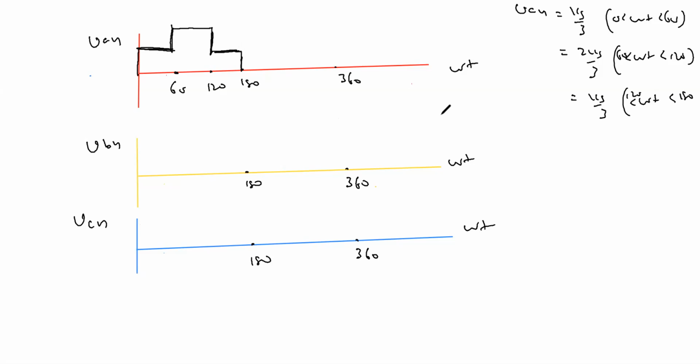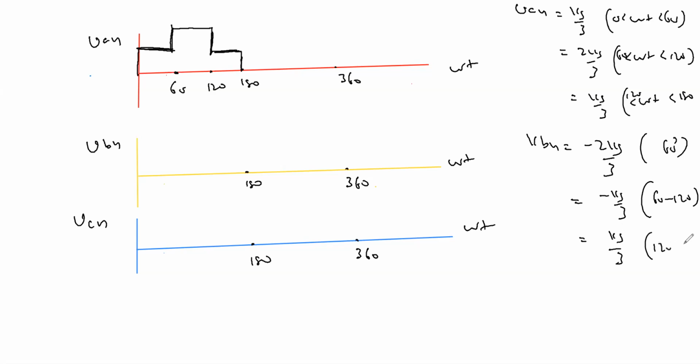Okay, then I'll come to that 180 period. B phase में. What is the VBN value? VBN is minus 2VS by 3. Just check that, please. Up to 60 degree, VBN equal to minus VS by 3. 60 to 120, and this is VS by 3 at 180. We have already obtained this, so I'm just drawing that.